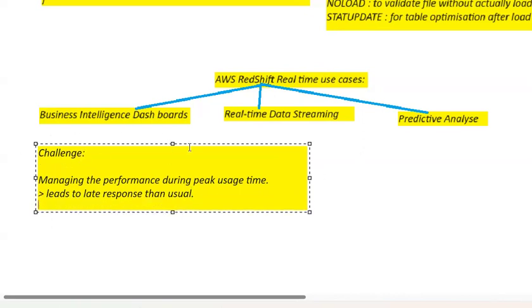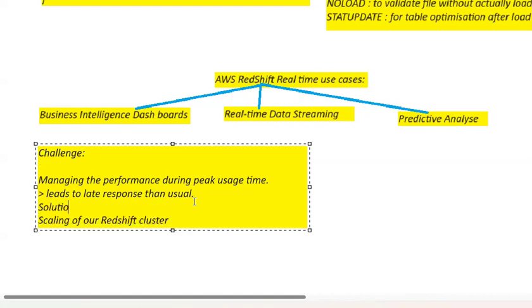So in order to overcome this issue, that is during peak usage time, if more customers are using my Redshift, we need to go for scaling of our Redshift cluster. If I scale this, then we can provide a response to those 1,000 users as well, right?